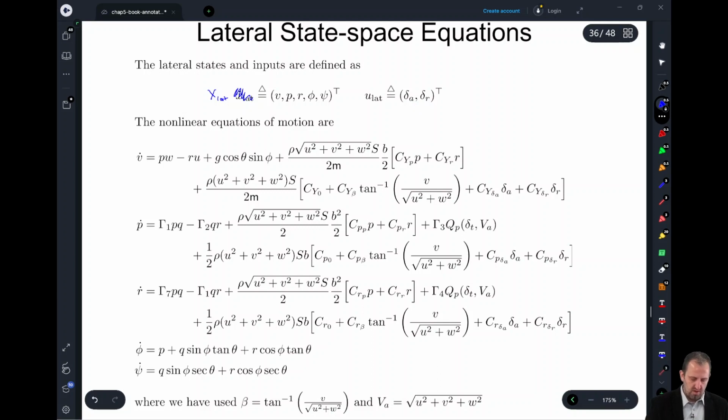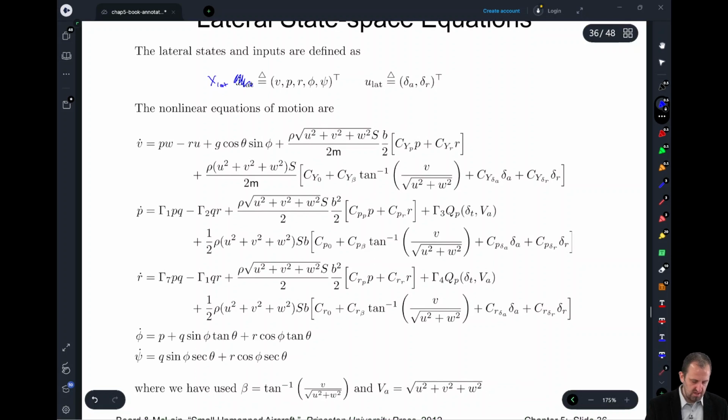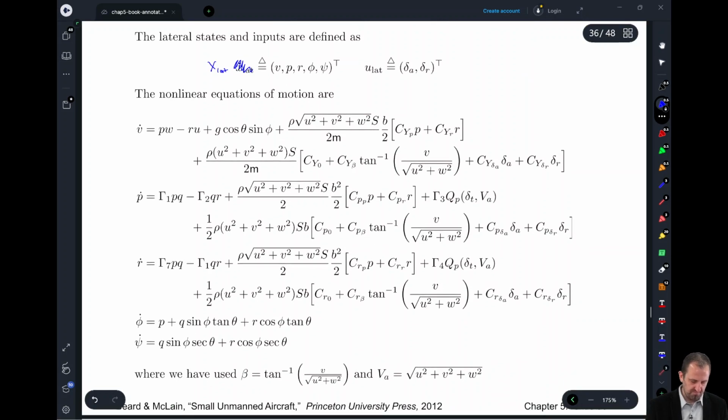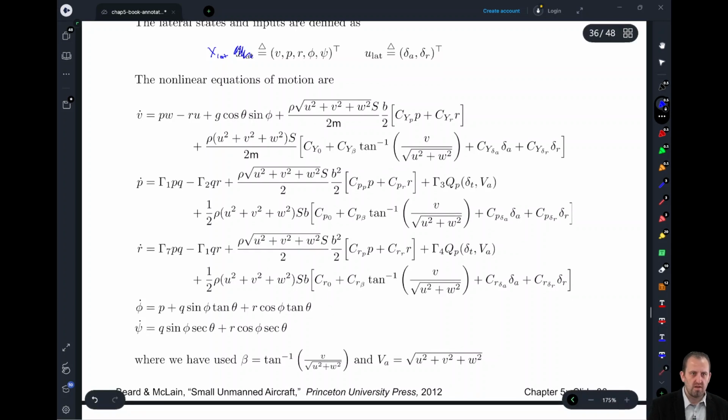So recall our nonlinear equations of motion, where we can also include, we'll talk about including beta here in just a minute, right? And our airspeed is just the square root of u squared plus v squared plus w squared. So that's, again, assuming no wind.